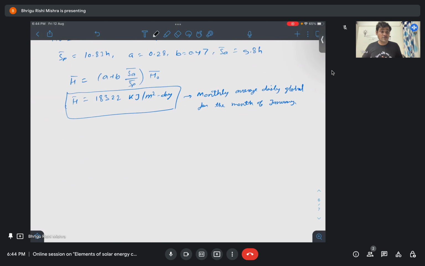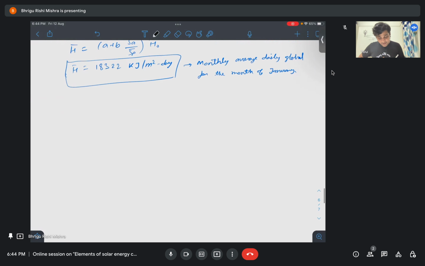So what is diffuse? Basically, in the atmosphere there are a lot of dust particles and aerosol particles. So when the solar radiation enters the atmosphere, these particles scatter the incident solar radiation.